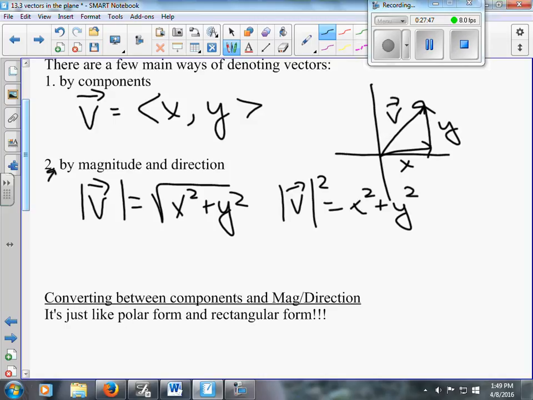So theta has a reference angle of pi/4, and I need to figure out the correct quadrant. So where does this vector point? Well, it goes right 3, down 3. So that is certainly the fourth quadrant, where the angle is 7 pi over 4. Okay, now you do B for homework.